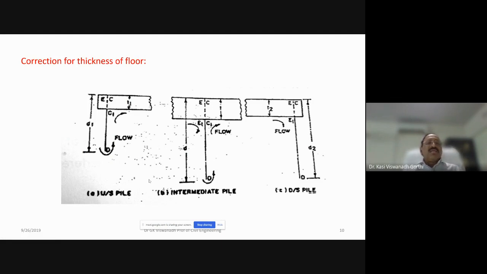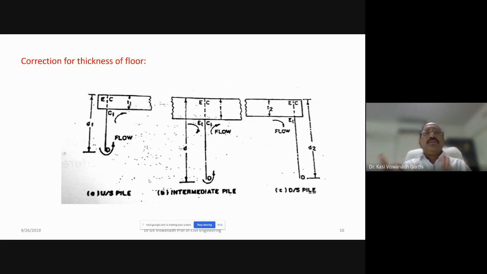Number one, thickness of the floor, because while calculating the pressures using Khosla's formula, the floor thickness has been neglected. But in actual practice, the thickness of the floor would be there, let it be 1 meter, 1.5 meters, 2 meters, which cannot be neglected.